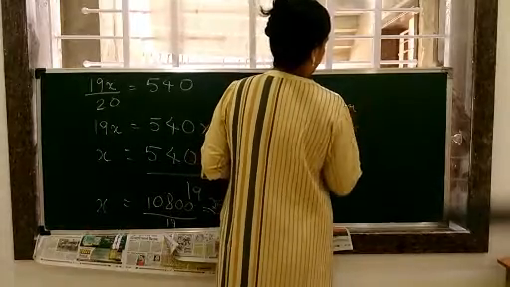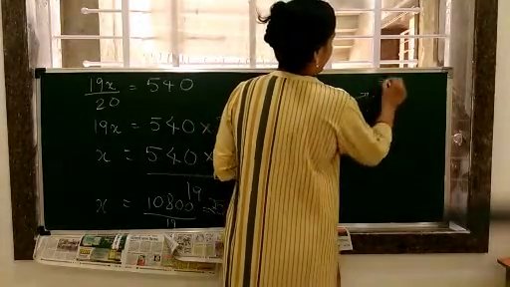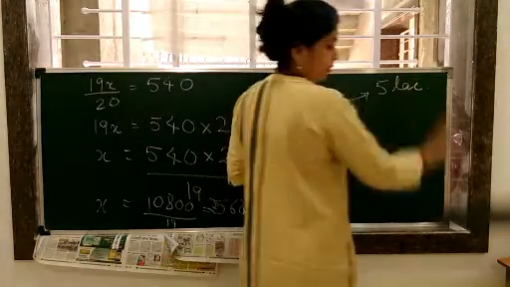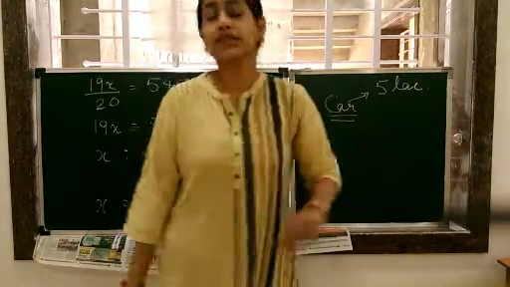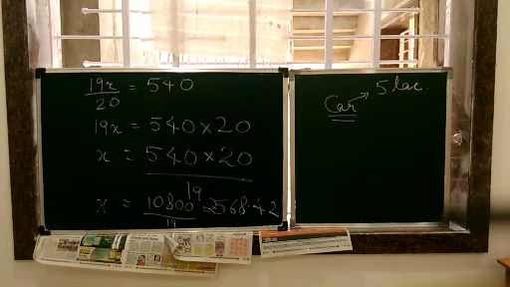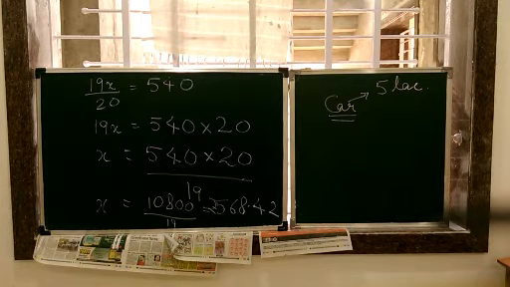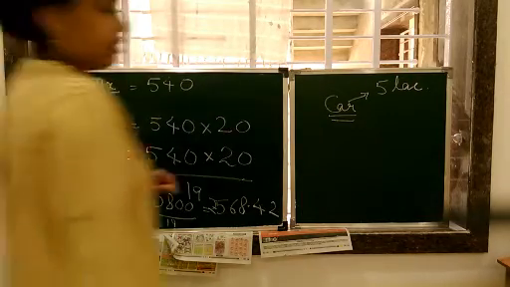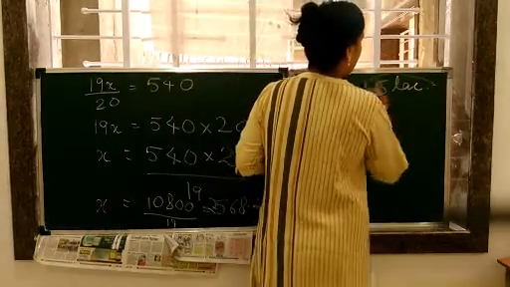The rate of the car is suppose 5 lakhs. Short form I have written: it is 5 lakhs. Now children, suppose we don't have this much money, we don't have 5 lakhs. So what do we do? We take a loan. Yes. Do we take a loan?